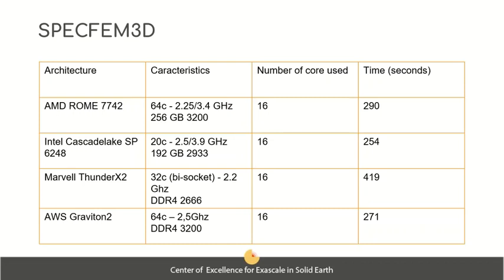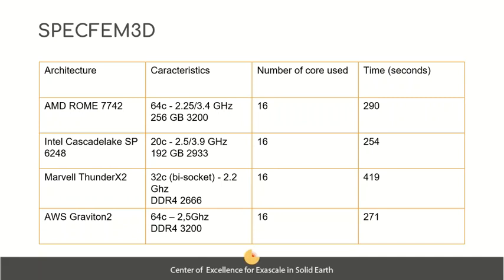The number of cores used can look quite strange, but the SPECFEM3D mini application requires a number of processes that is a square. That's why you have only 16 cores used on this slide.